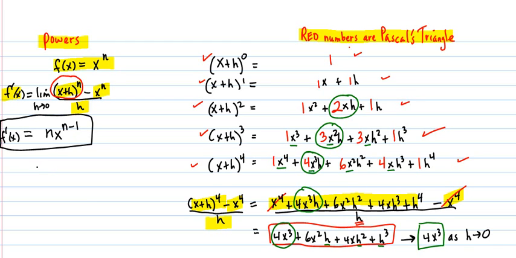So, for example, if you have f of x equals x to the 6th, then f prime of x is just going to simply be 6x to the 5th. But this, you always have to know why it's happening. And this over here, this Pascal's triangle, and this development is the reason.